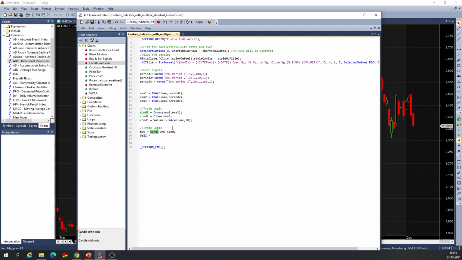One thing you need to understand is that each expression will evaluate to either true or false. It's sort of binary. In order to combine different conditions, you have to use logical operators. So condition 1 and condition 2 and condition 3.